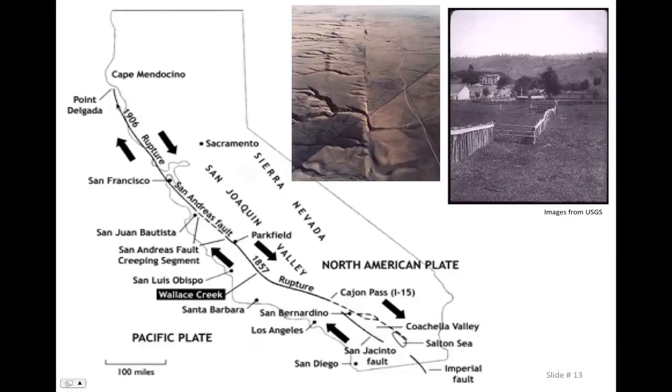So it was a very long rupture. The Southern California part of the San Andreas Fault had a very similar rupture in 1857, not as famous as 1906 because that area was not heavily populated at that time.